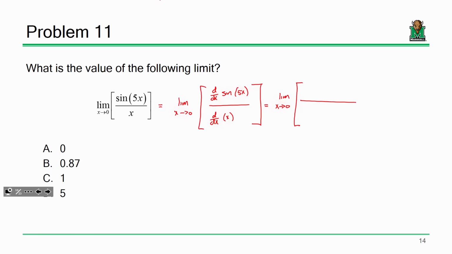Remember, chain rule: you take the derivative of the outside times the derivative of the inside. Now we can plug it in. That's the nice thing about a limit: if you can plug it in and not get a division by 0, just plug it in. So 5, and what's the cosine of 0?